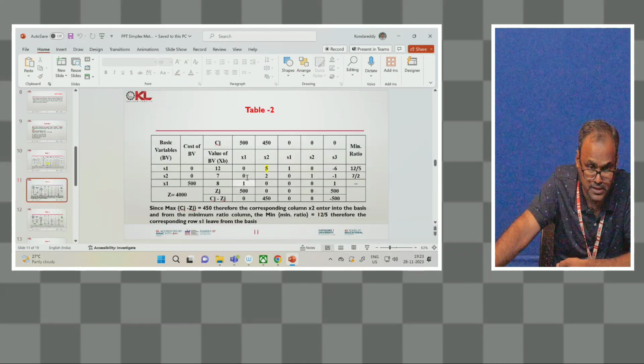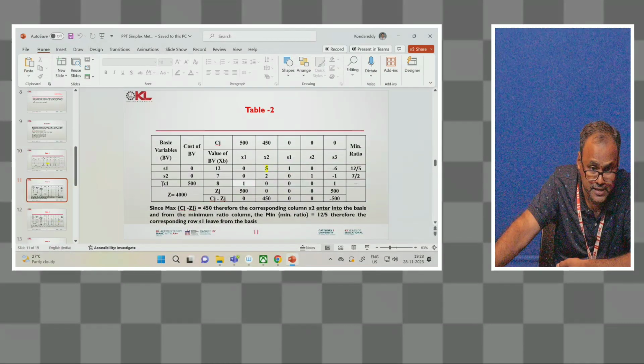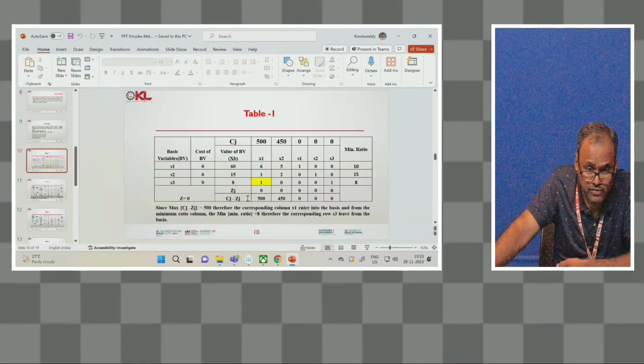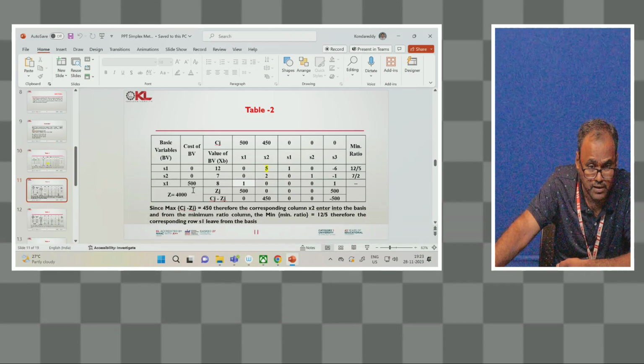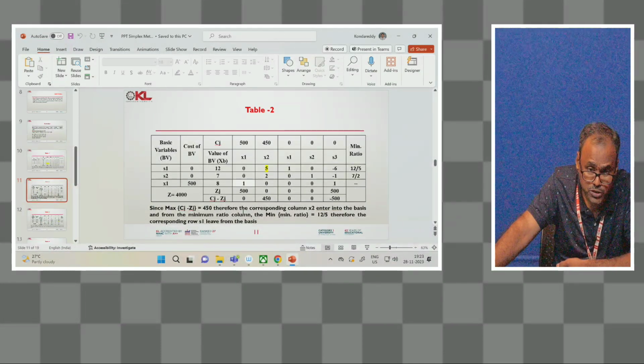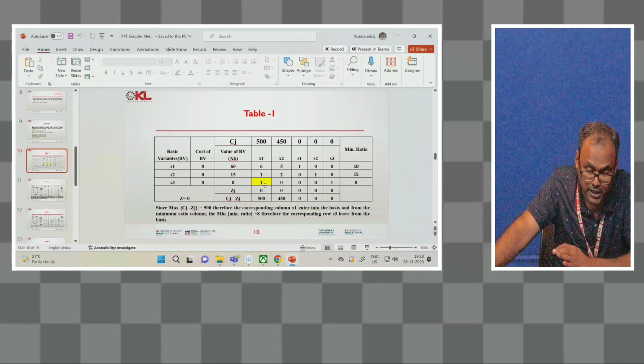We can understand that by looking at the next table. X1 is already decided, and it is included in place of S3. So these two are changed to x1, S1, S2. The cost corresponding to x1, the highest value, is 500, which is considered here as the usual cost of the basic variable. Here the element common to both the row and column, determined by which is incoming and which is outgoing, we call the key element or the pivotal element.